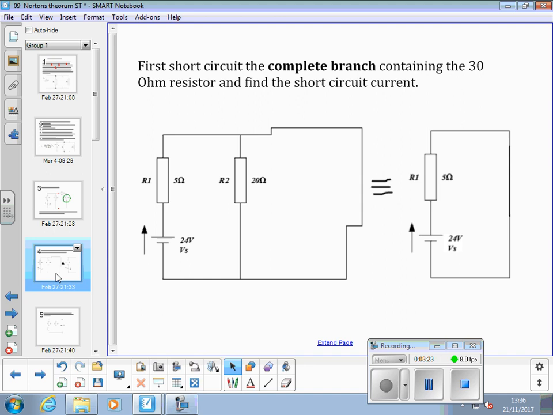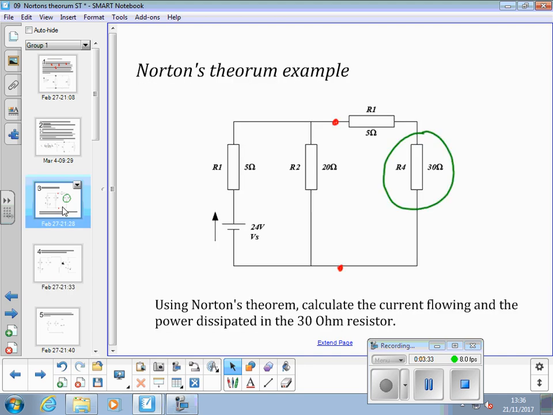So we do that. First short the complete branch containing the 30 ohm resistor. We mustn't forget when we put things back at the end, we must put that R1, that R3 back in again. Okay, as well as the load resistor.